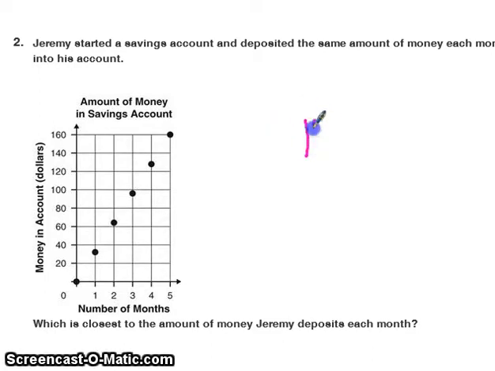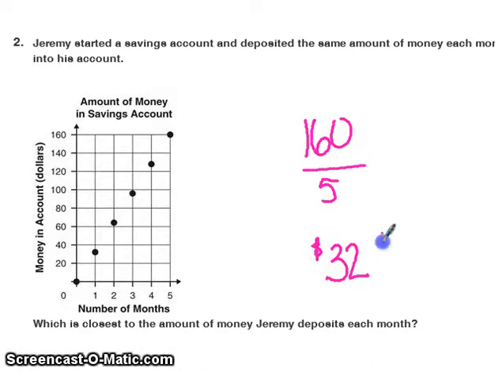So I can divide the Y, 160, by 5 months, and that will go $32 in 1 month, which is where I thought it should be, somewhere between 20 and 40.